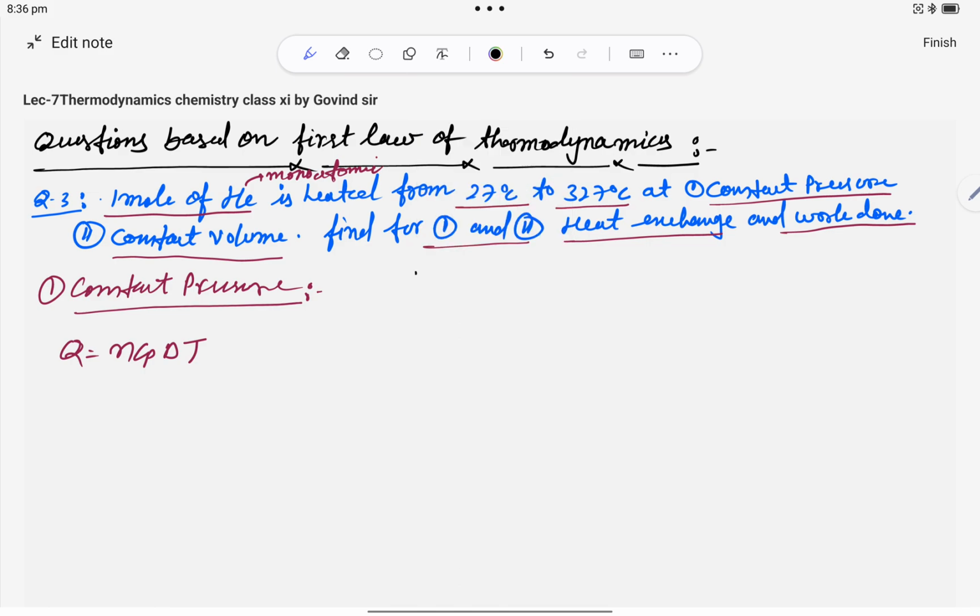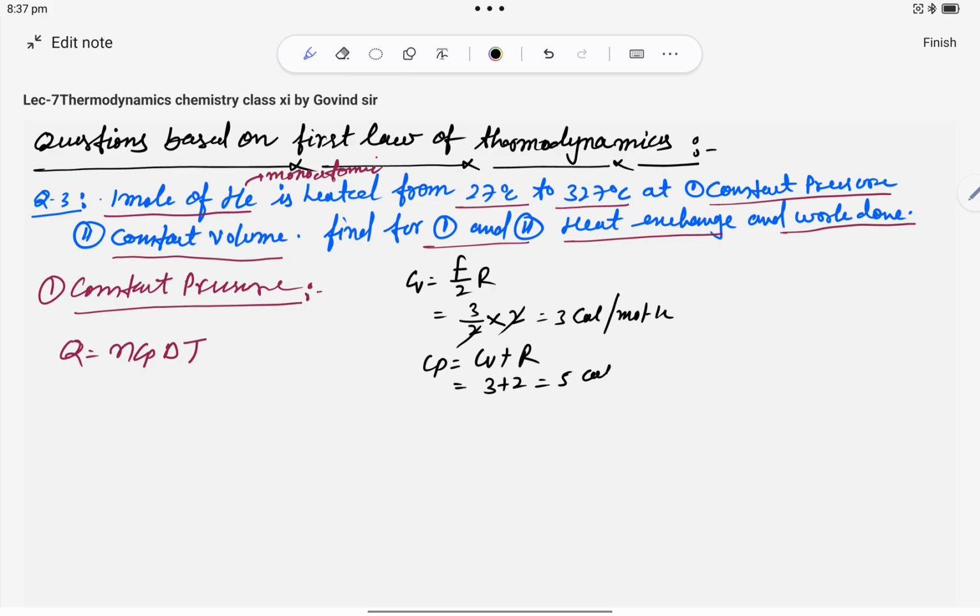Cv is equal to f by 2 R. For a monoatomic gas, the degree of freedom f is 3, and R in calories is approximately 2. So Cv is equal to 3 calorie per mole Kelvin. Then Cp is equal to Cv plus R. Cv is 3, R is 2, so it is 5 calorie per mole Kelvin.